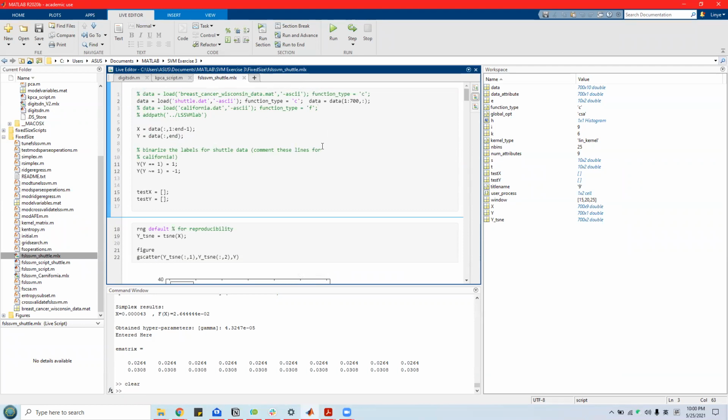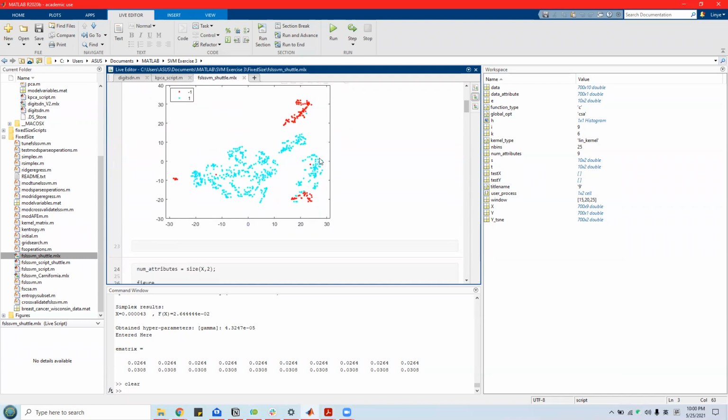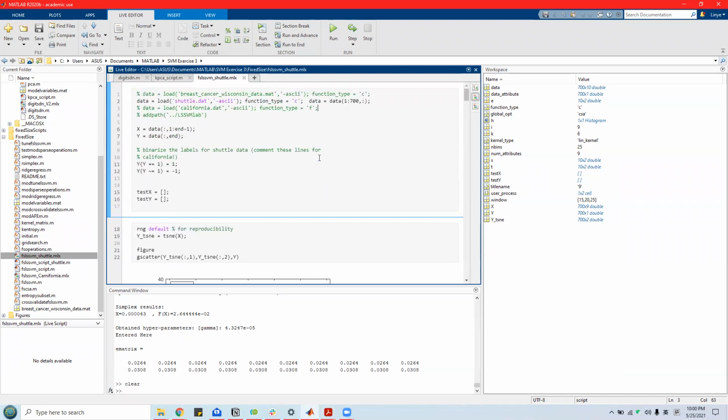I'm not so sure about the theory, but is there any difference between the fixed size and the L0 norm with respect to the data size? Because I know fixed size is meant to deal with large data sets, right? I'm not so sure about the L0 norm. Yeah, I didn't run L0, so maybe that's a good hypothesis.